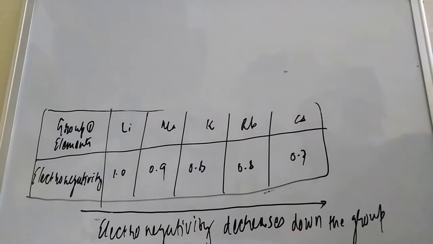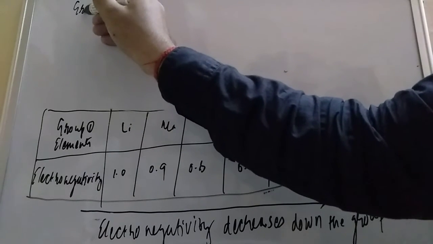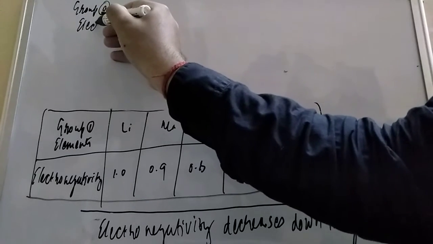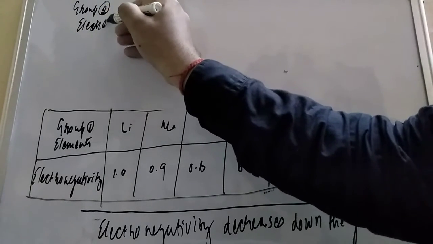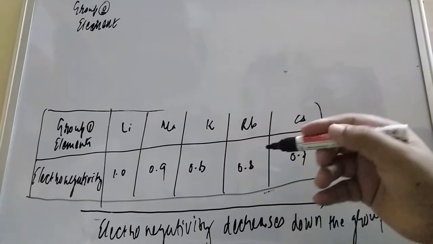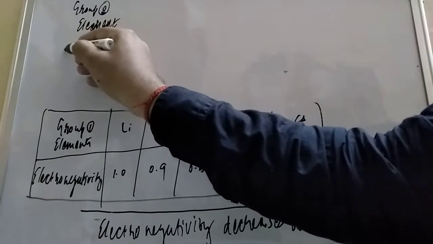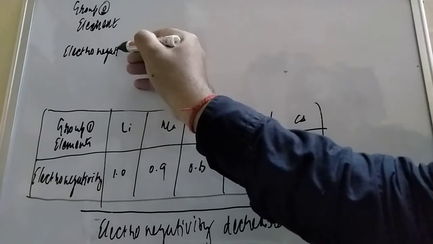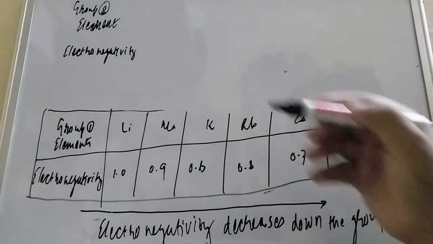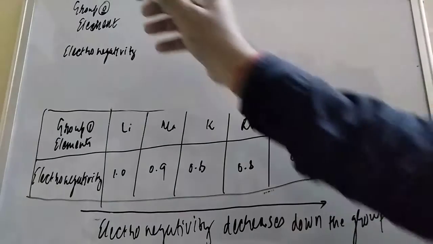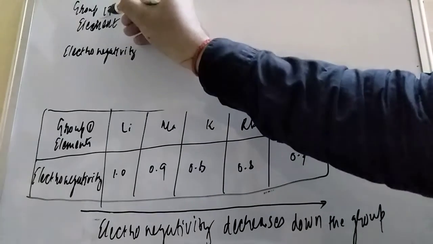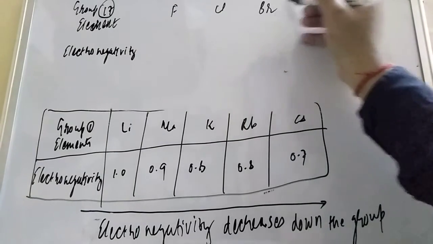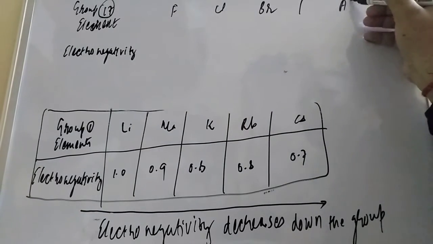Now let us take another example. Suppose you are taking group 2 elements and check the electronegativity of group 2 elements. Better, take group 17: fluorine, chlorine, bromine, iodine and astatine.